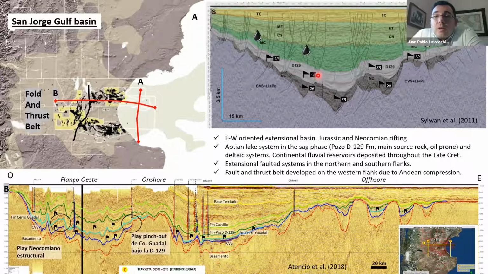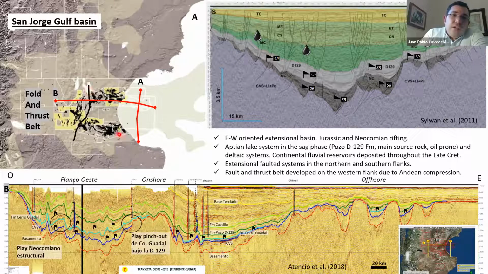And these are both lacustrine source rocks that produce mostly oil, and this oil can be trapped in tilted blocks or three-way dip closures against faults. There are many normal faults on both flanks of the basin, and the accumulations are distributed here on the flanks of the San Jorge Gulf Basin.